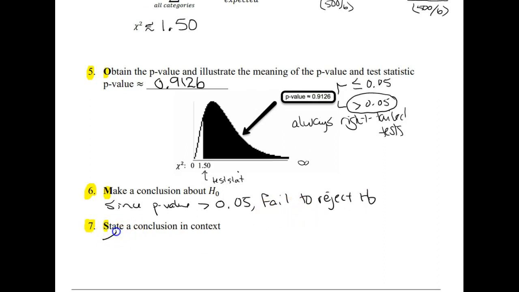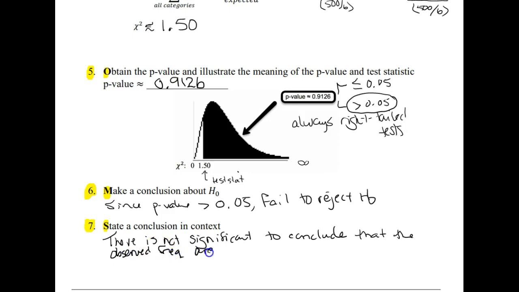So again, if we fail to reject, that means there is not significant evidence to conclude, and then we just go back and we grab the wording from HA. So there's not significant evidence to conclude, and so it read that the observed frequencies are inconsistent with that of a fair die.